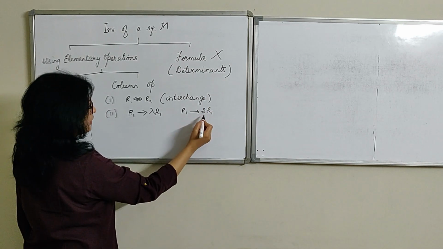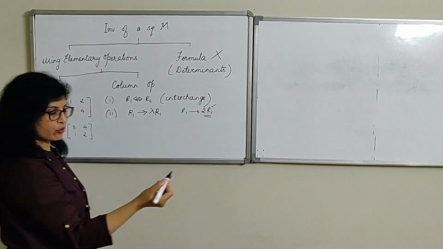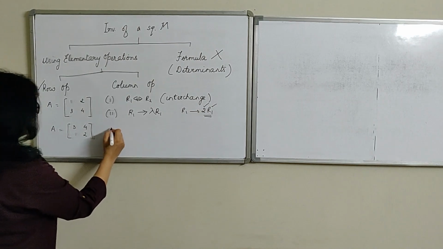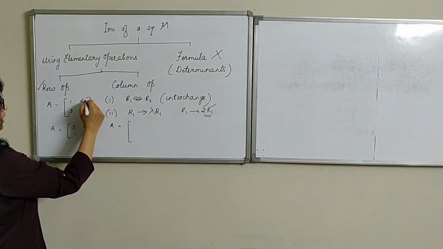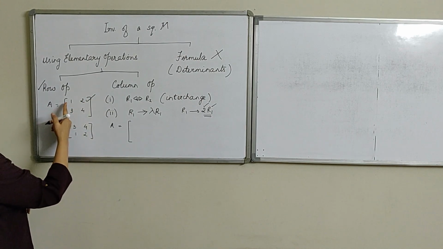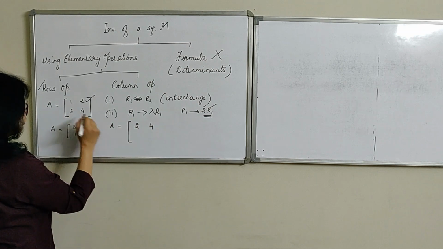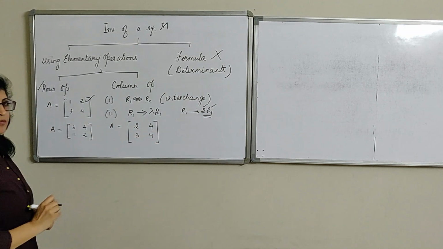That means the new row will be 2 times the initial row. This was our initial matrix. So now in the new matrix that we get, only the first row changes. Each element gets multiplied by 2. There is no change in the second row of the matrix.